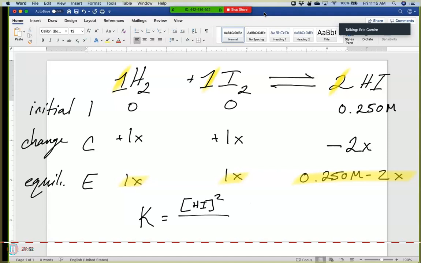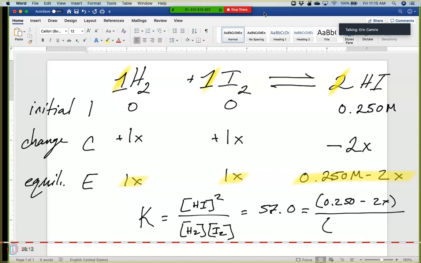We know that the K expression for this reaction looks like this. We also know it's equal to 57.0. So if I plug in my equilibrium concentrations of HI, I'd end up with an expression like that.